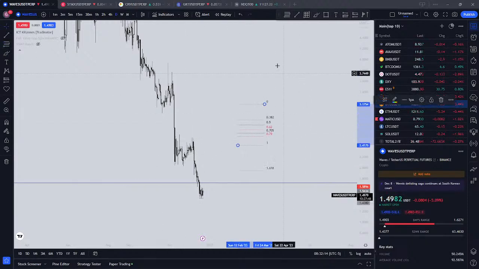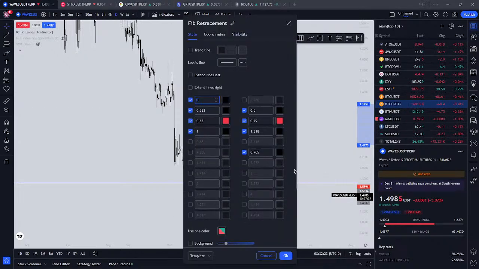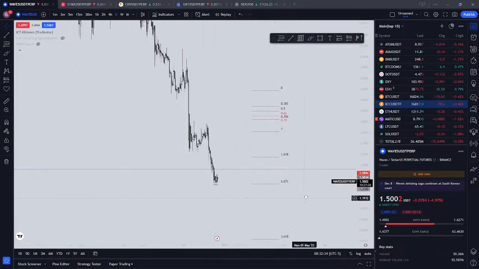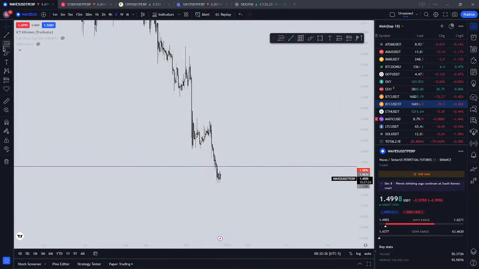So if I do this, where's the settings? Okay, it's here. Yeah, so if I go into the style and I choose a bit more higher areas of value to look at, your price targets would suddenly be, let's say, this.